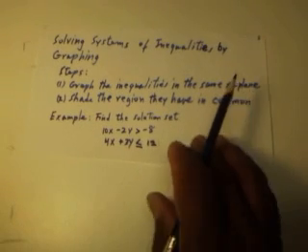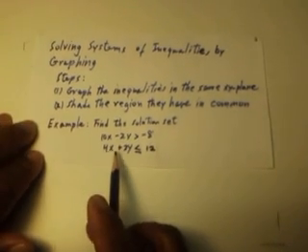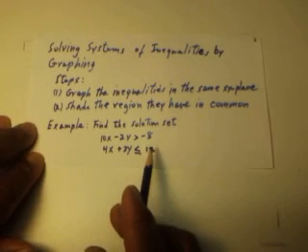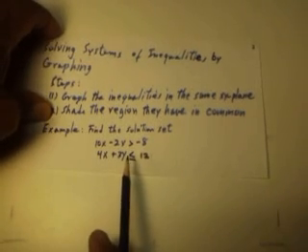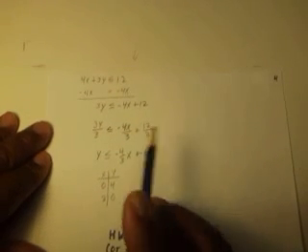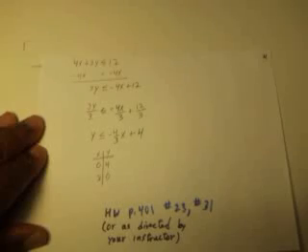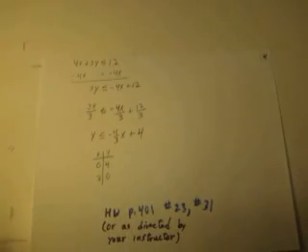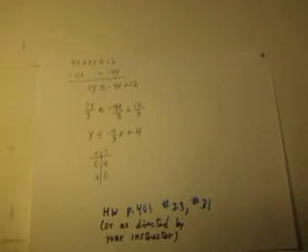So the second equation in the system is 4x plus 3y is less than or equal to 12. The first thing we have to do is solve that for y. So I've done that here. I hope that you can see this clearly.